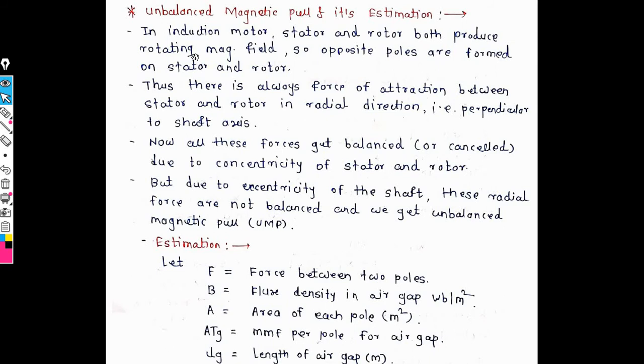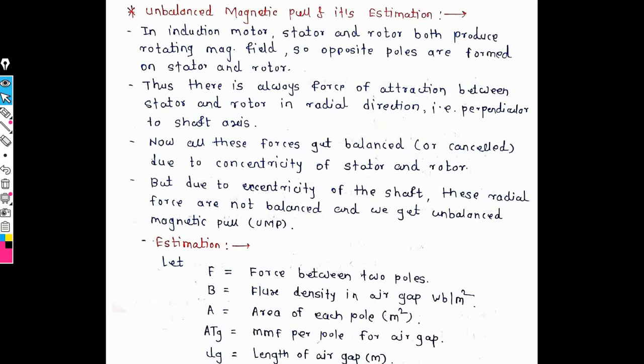At that instant opposite poles are formed in stator and rotor, and a force of attraction takes place in the radial direction. This force is perpendicular to the shaft axis.